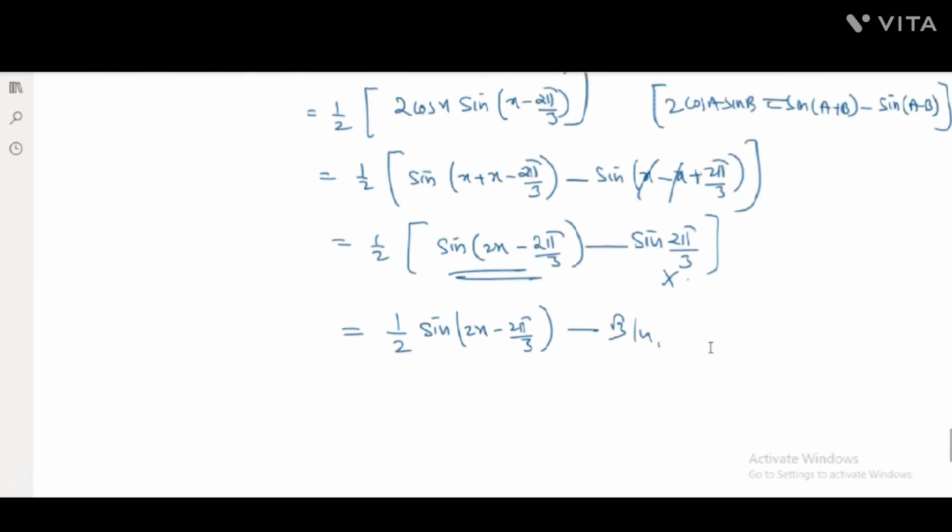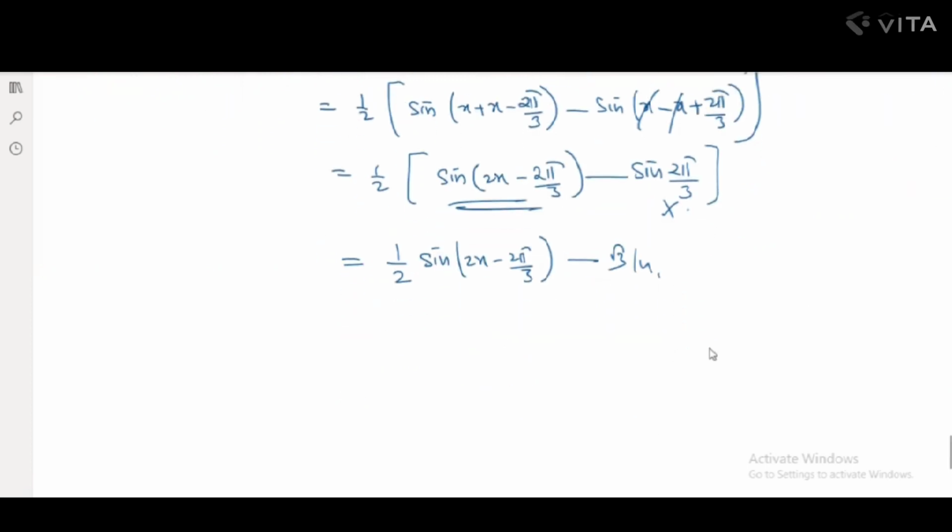I told you already, if any number is added or subtracted to the angle inside, it will not affect the period of the graph. So for this, we have to consider only the graph of sin 2x. What is the period of sin 2x? It is 2 pi by mod 2, that means pi.